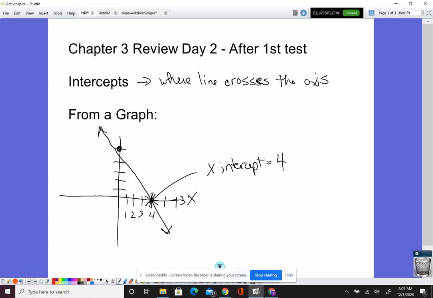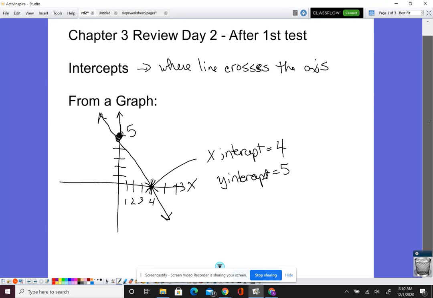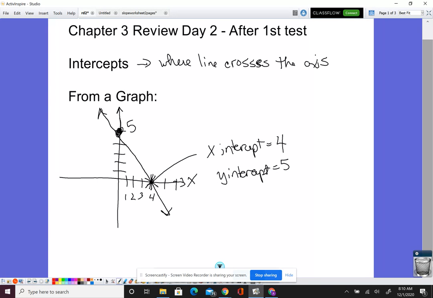And if we look up at the y-axis, this line is crossing there at 1, 2, 3, 4, 5. So our y-intercept is equal to 5. Okay, so we're just looking at where they cross the axis for these ones.